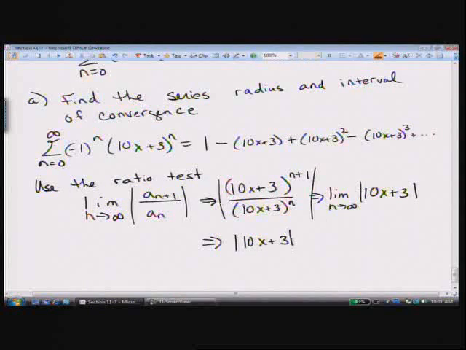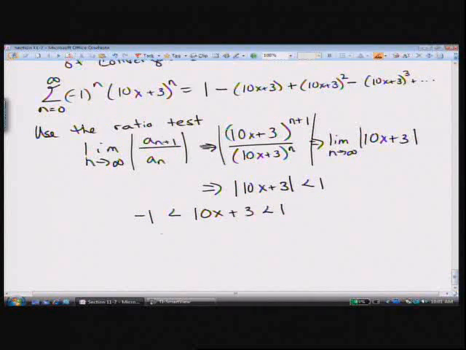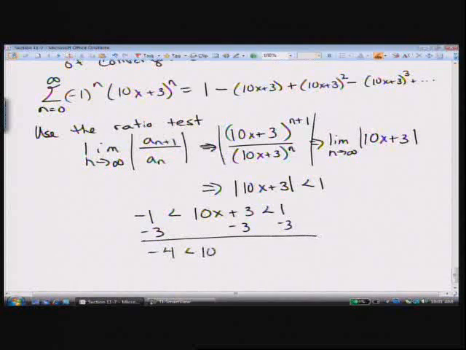According to the ratio test, this is going to have to be less than 1 in order for it to converge, right? So what this means is to sandwich this in between 1 and negative 1, and then solve for x on either side. So you'll subtract 3, and you'll get negative 4 is less than 10x, which is less than negative 2.